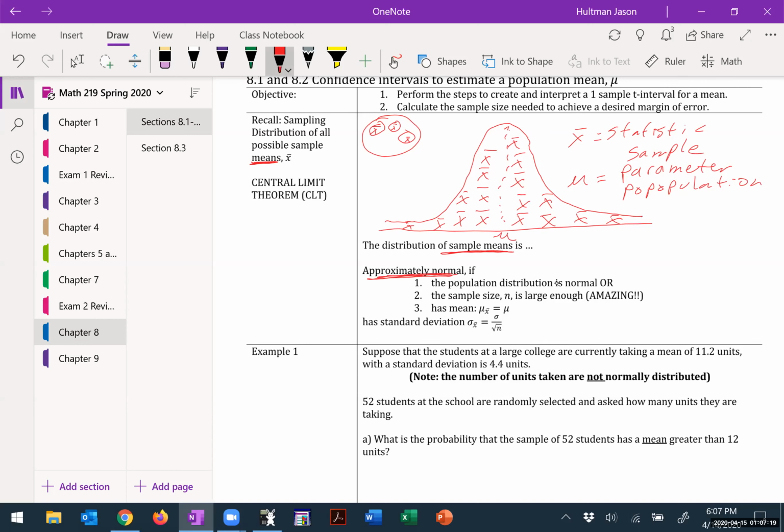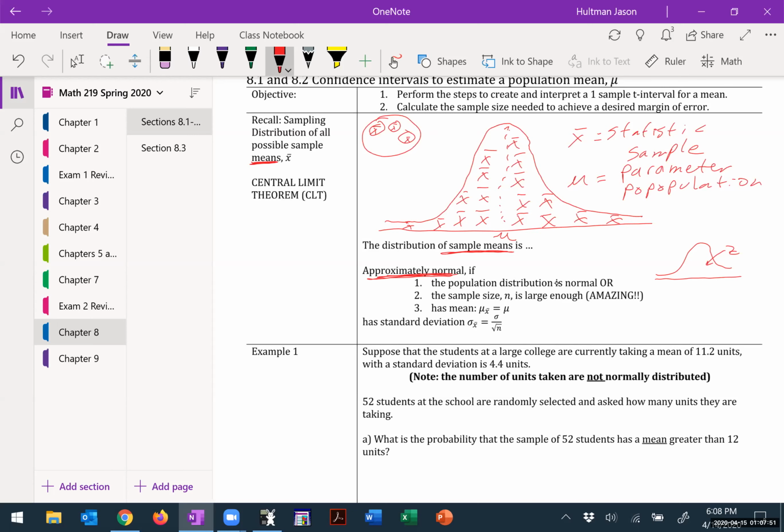Okay, distribution of sample means. First condition: the original population distribution is normal. That means that the parent distribution was normal. I'll just call it Z for a normal curve. Z is our standard normal curve.